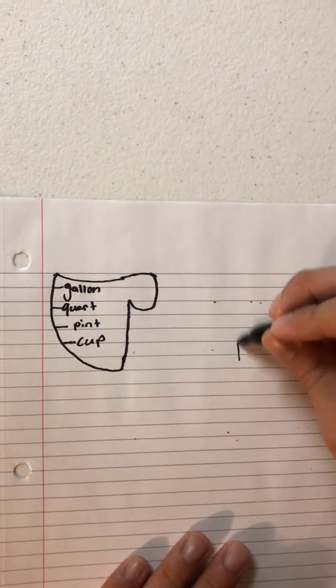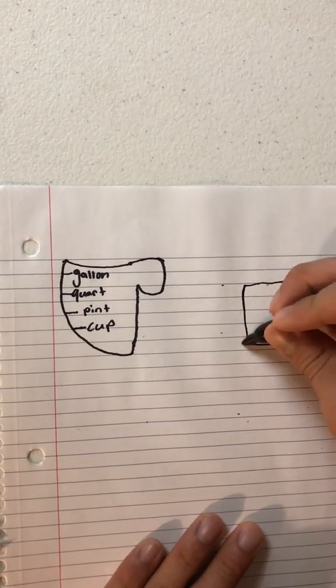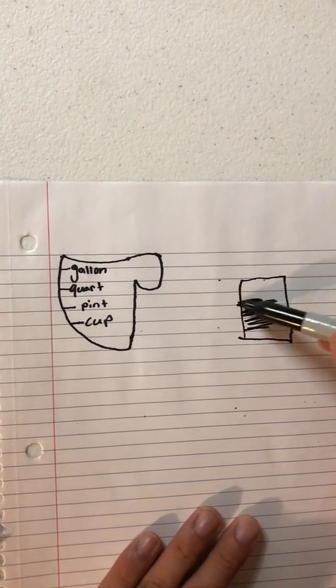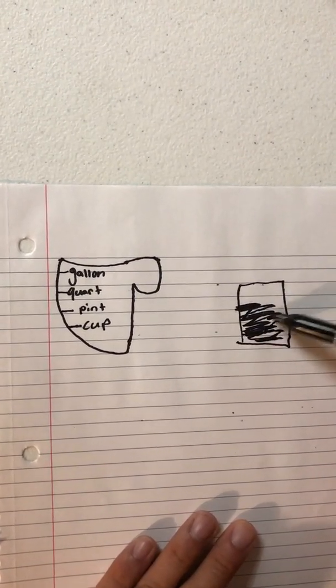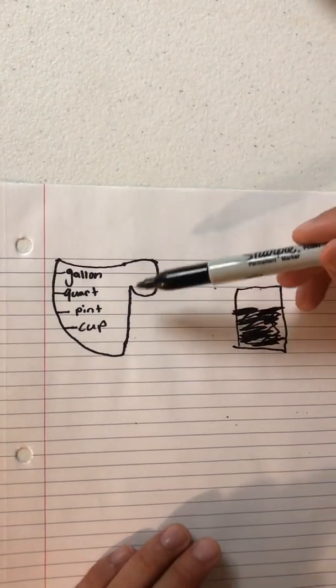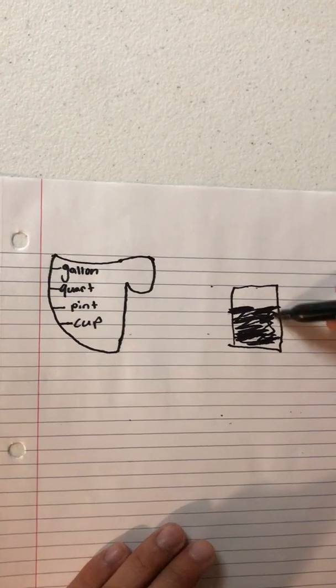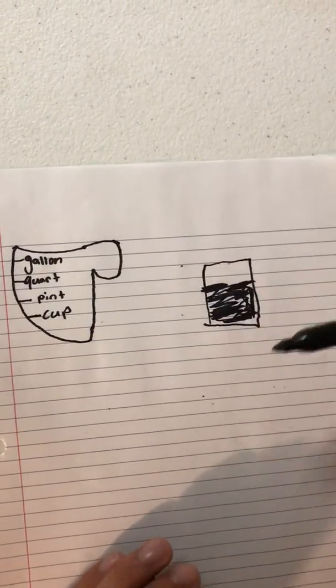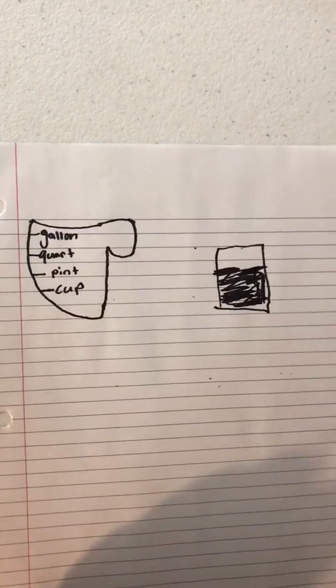So the first cup is right here, and it's filled about 75%. So based on the chart, where do you think it would go based on the water percentage we have? Now if you said pint, you'd be almost close but not quite right.